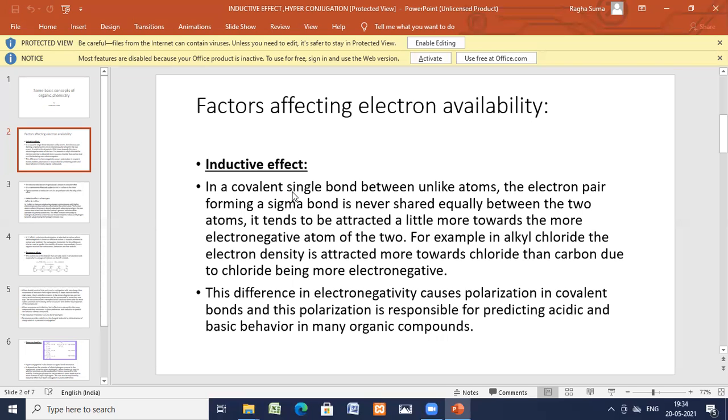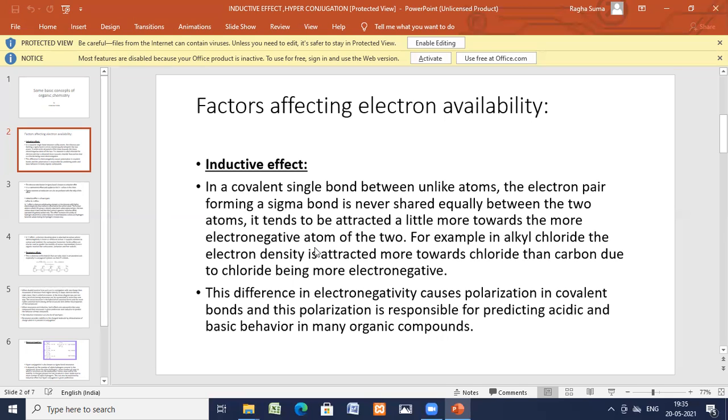In a covalent single bond between unlike atoms, as I've told you, in HCl, the electron pair that forms the sigma bond is never shared equally between the two atoms. It tends to be attracted a little more towards the more electronegative atom. For example, in HCl, it is attracted towards the chlorine atom.